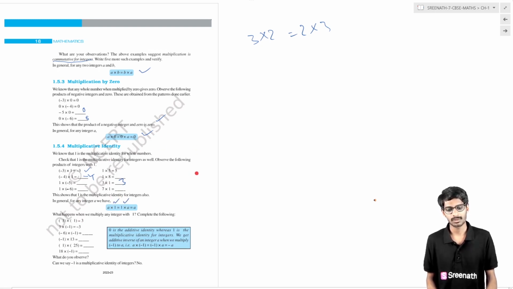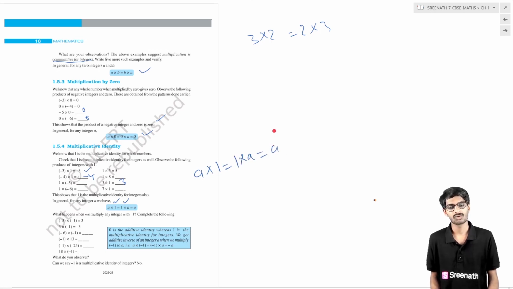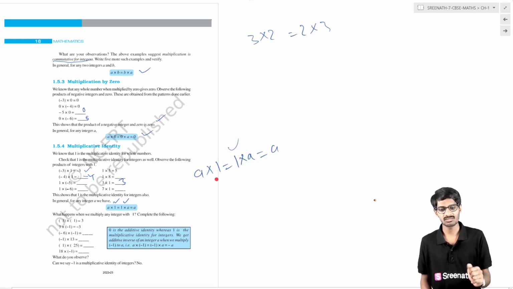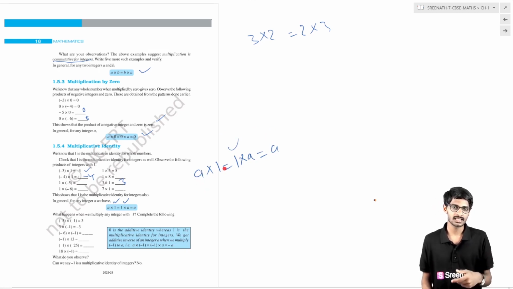What is the rule for the multiplicative identity? a cross 1 is equal to 1 cross a, which is equal to a. If you multiply anything with 1, or 1 with anything, and the result is that same number, then we call 1 the multiplicative identity.